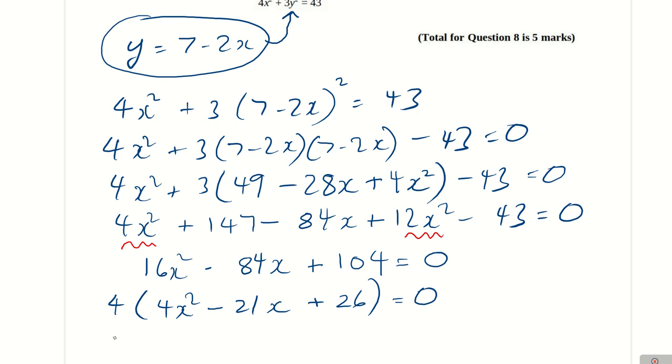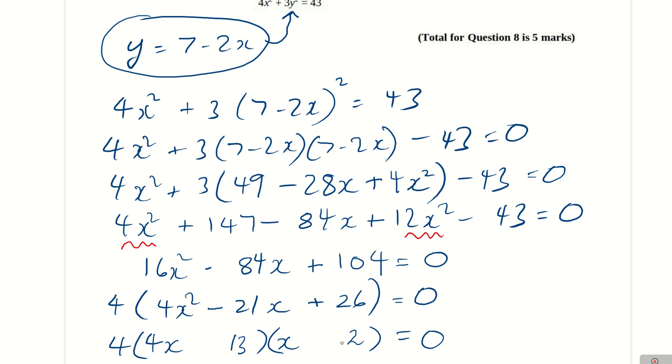Now, you could just use your calculator or the quadratic formula, but in fact this does factorise quite nicely. 4x and x, and 26 is going to be 13 and 2, and we want a minus 21.